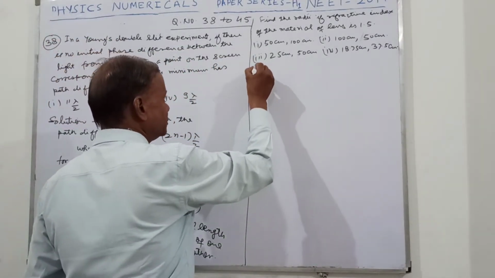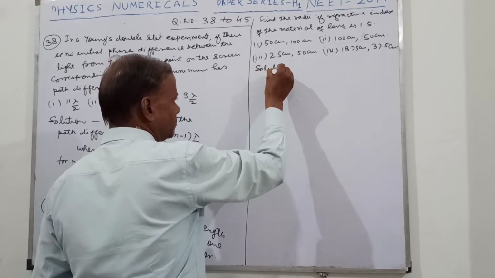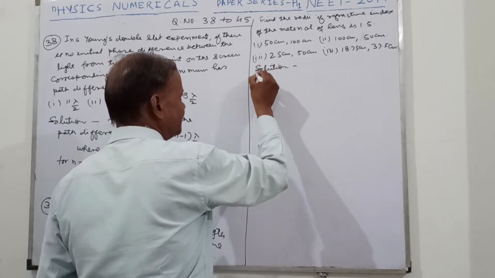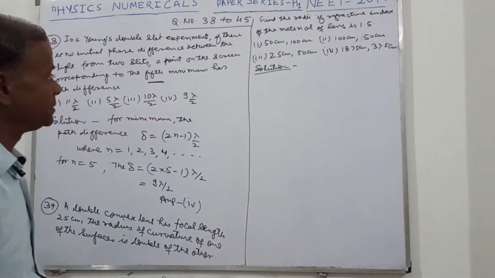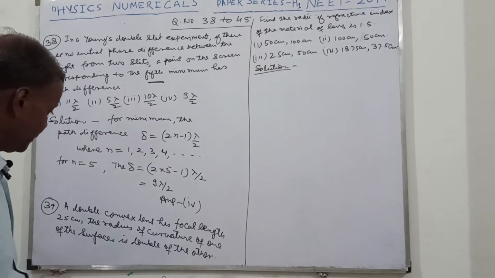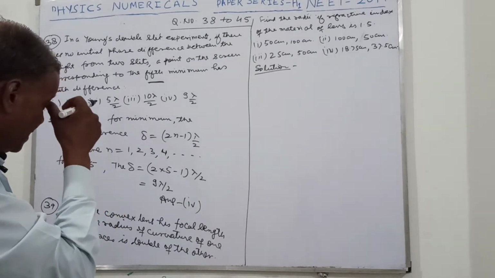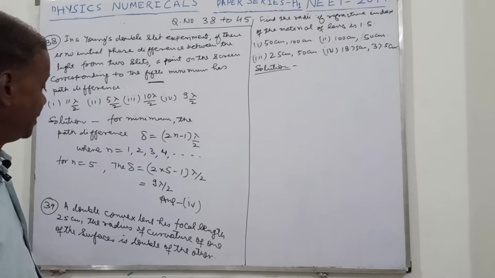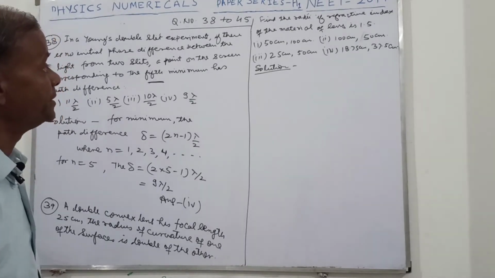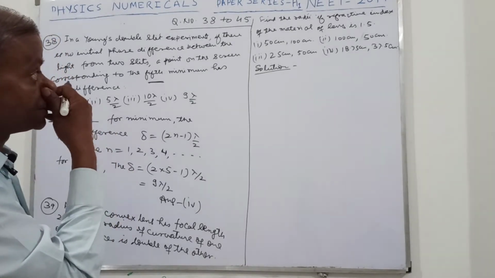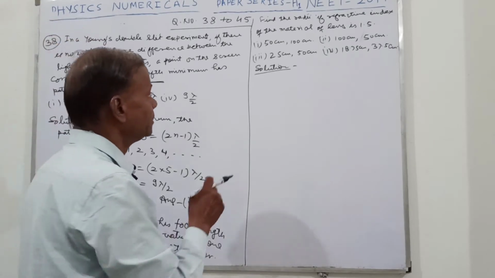Now the solution. We are given that the radius of curvature of one of the surfaces is double of the other, and you are given the focal length 25 centimeter. Refractive index is 1.5.